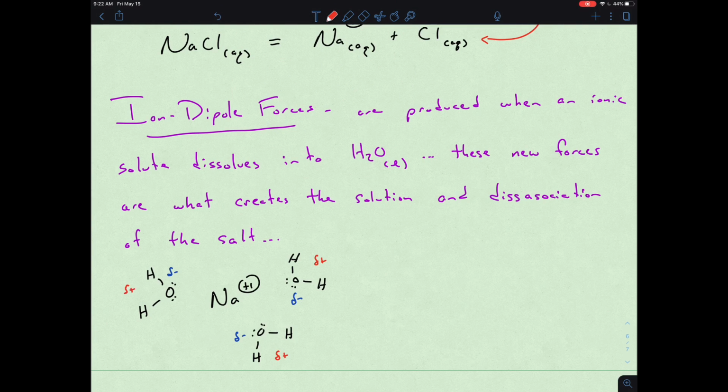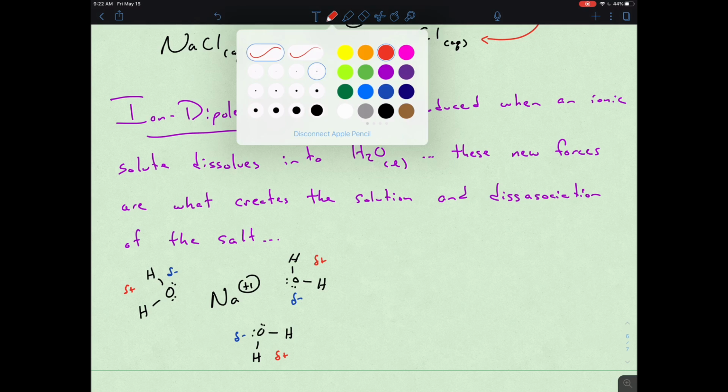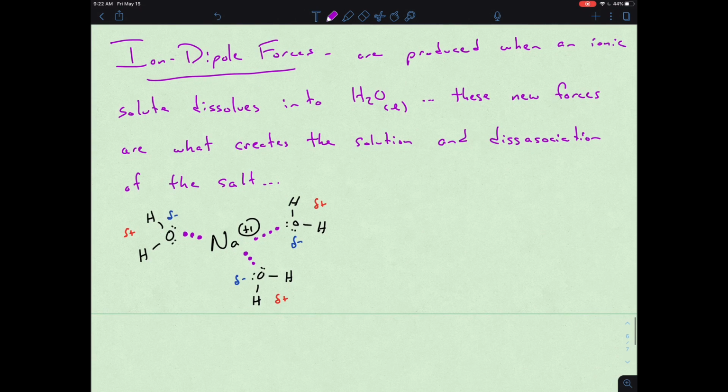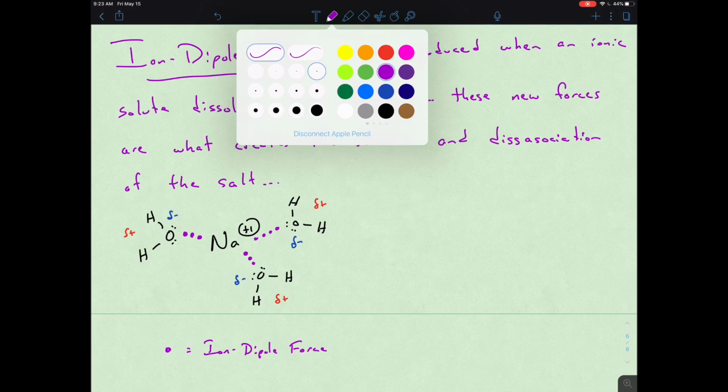So we have those polar setups for the H2O. And it's this delta minus Na plus interaction that is the ion dipole force. I'm only showing 3 H2O molecules here, but you have to imagine H2O completely surrounding the sodium, all of them participating in that type of ion dipole force of attraction.